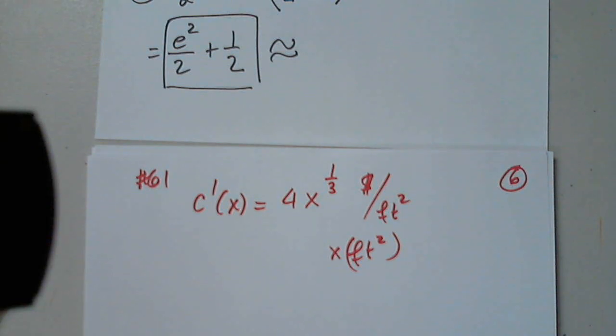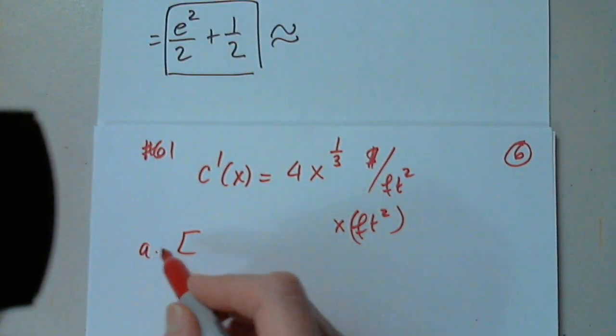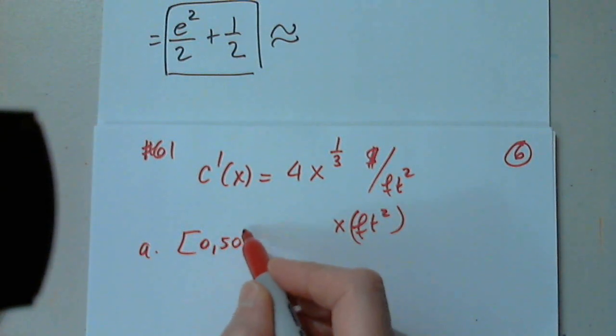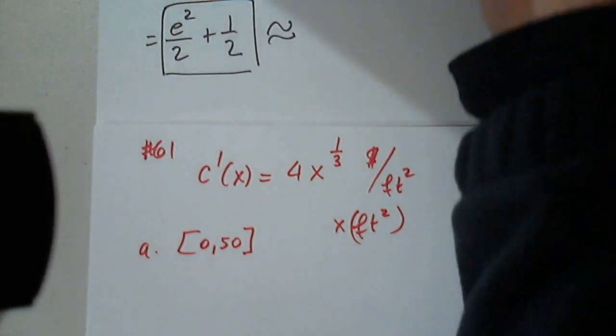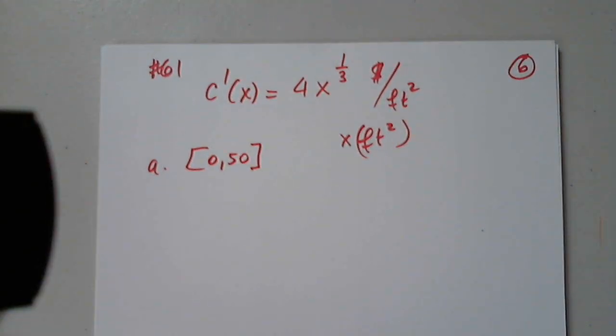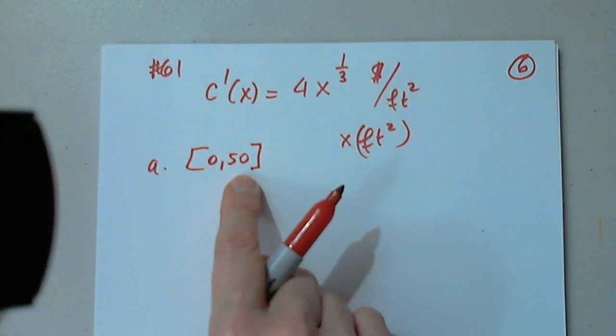Find the cost of installing 50 square feet of countertop. So what that means is they're telling us in part A this. In other words, find the total area under this graph between 0 and 50.